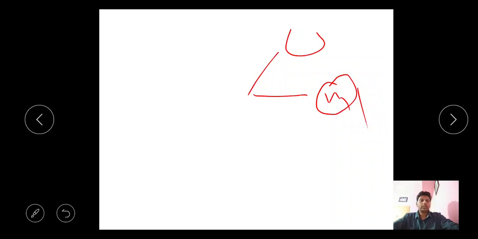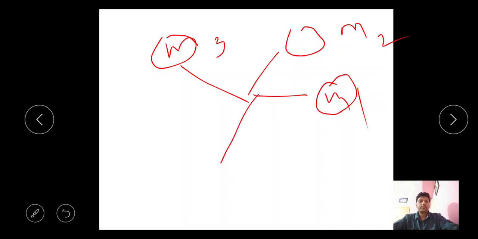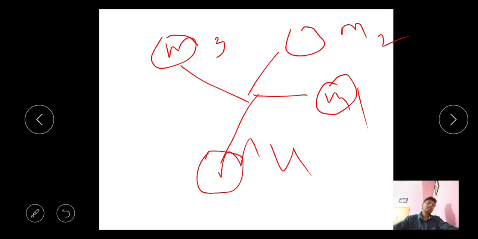Suppose I consider an example, this is m1, this is m2, this is m3, and if I take m4. If I take 4 masses, then how do you balance?